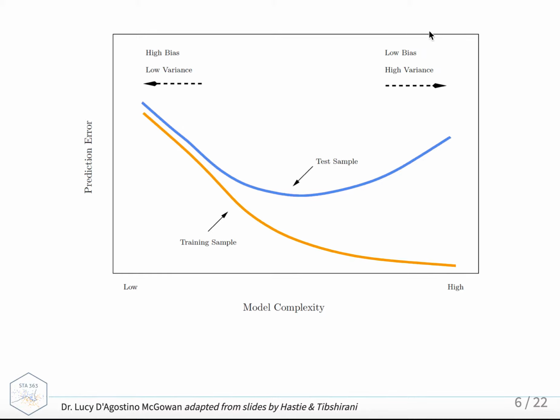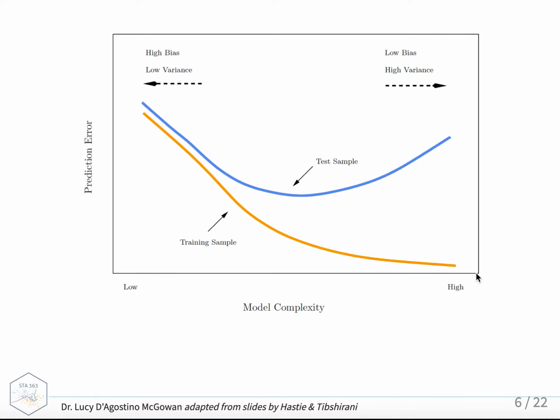On this side we have low bias and high variance, and we're trying to strike a balance between the two. You'll notice this orange line, the training sample, is always getting smaller. Regardless of how complex our model is, the error for the training data is always going to get smaller as we move across this axis, and that's because we're getting more and more overfit.